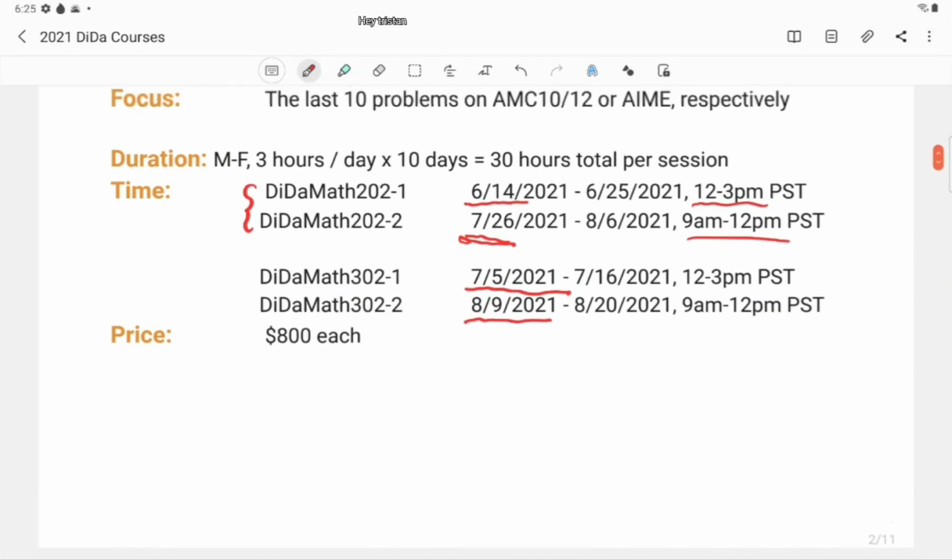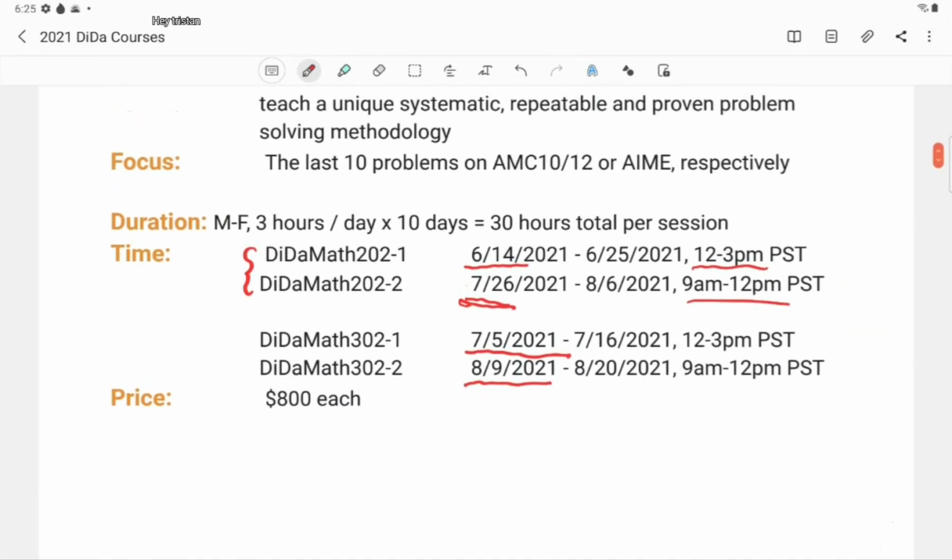Even though, according to the questionnaires, the prices could be meaningfully higher than this, I just wanted to be more, quote unquote, inclusive, as well as more auspicious in choosing the number. So I chose the number $800. Again, thank you to those people who provided their valuable inputs in the questionnaires.